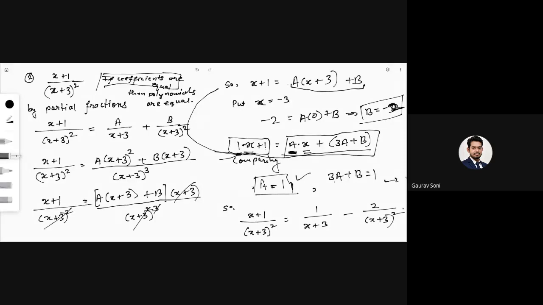If you have 3a plus b equal to 1 and you put a equal to 1, then 3 plus b is equal to 1. If you are getting different values, then you are wrong somewhere, or the question is wrong. Yeah, it is coming -2 only. Sorry, my mistake.